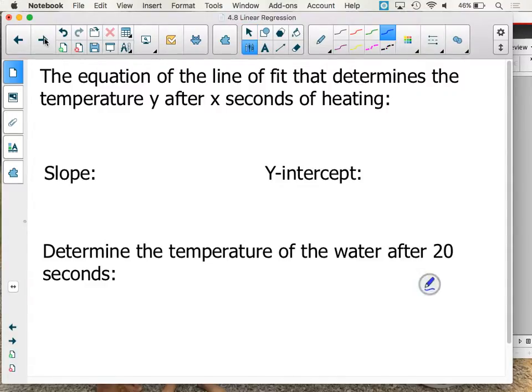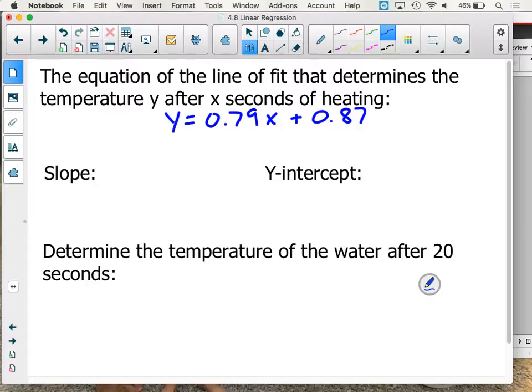The equation of the line of best fit is y equals 0.79x plus 0.87. That's the best fitting line. I'm going to show you a scatter plot in a minute so you can see how it's a good fit but not a perfect fit.